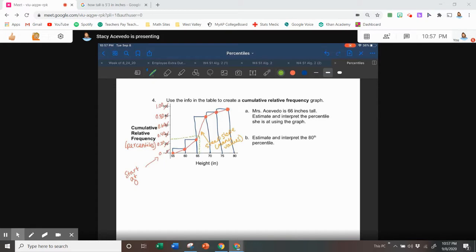So this is 66 inches tall, and I'm just estimating and interpreting the percentile. I'm going to say that's about 30% of students are either at 66 inches or below Miss Acevedo's height.